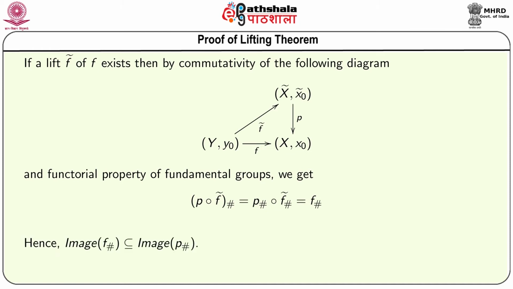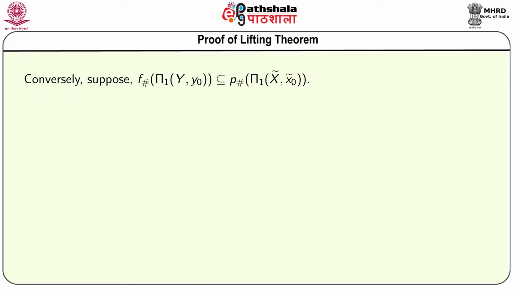But now p composed f tilde sharp is equal to p sharp composed f tilde sharp, so we can say that image of f sharp is contained in image of p sharp. That is, f sharp pi 1 Y y0 is contained in p sharp pi 1 x tilde x0 tilde. Conversely, suppose the condition is true.